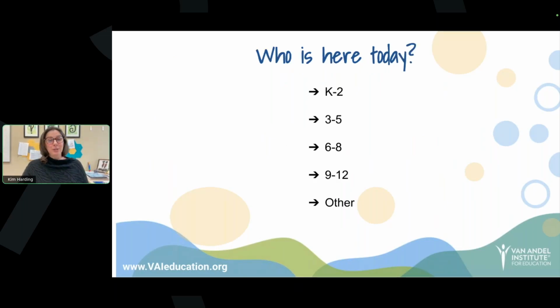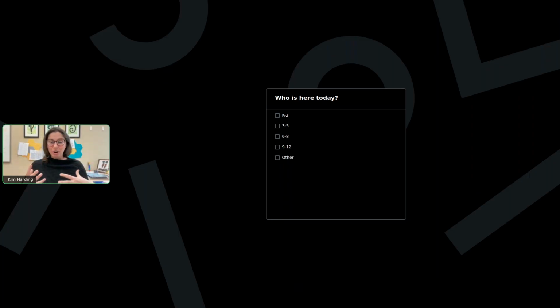I would love to know who is here today. This helps me as I work through the webinar to address different grade bands. So if you wouldn't mind taking a minute to click on your grade band, I would greatly appreciate that. All right, Kim, I'm going to give it about 5 more seconds and then shut it down. Awesome, thank you.